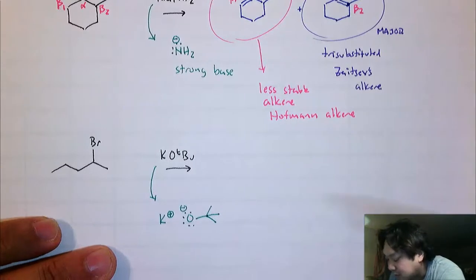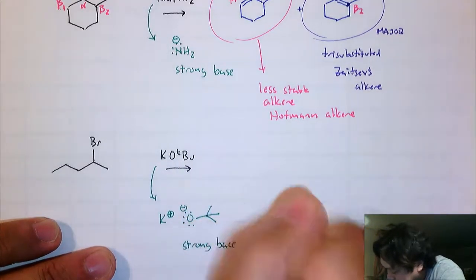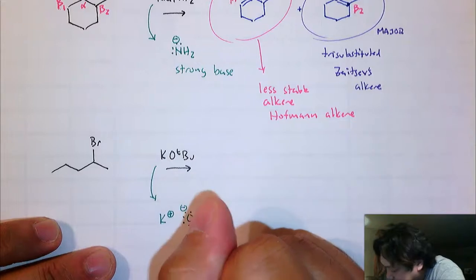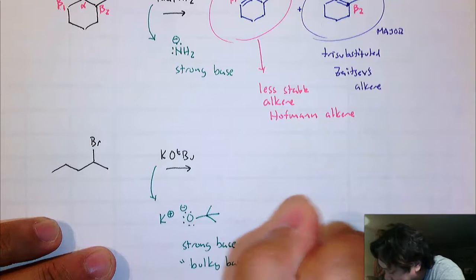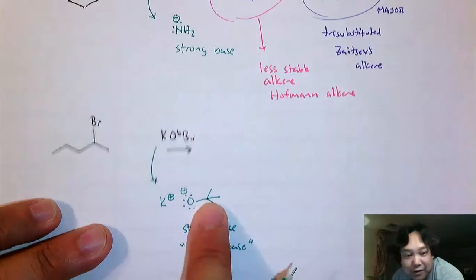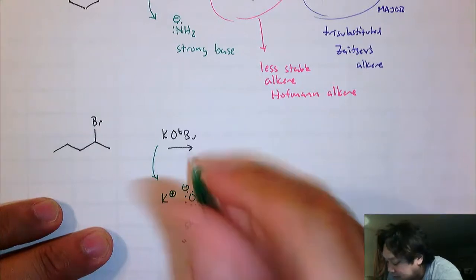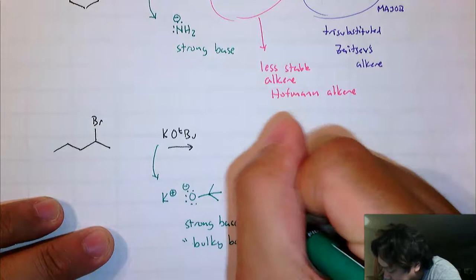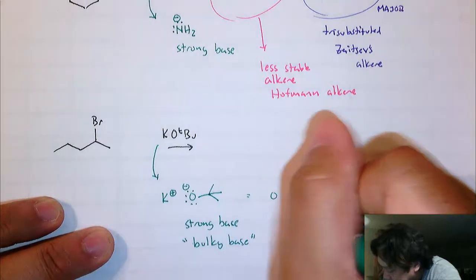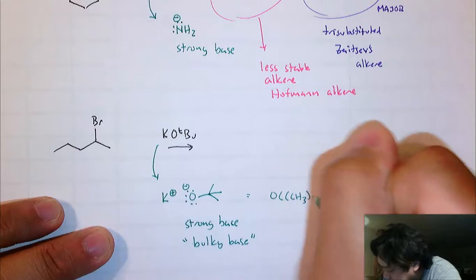I told you that oxides are strong bases. But it's also a bulky base. Crowded. The thing about a crowded base like potassium tert-butoxide, or another way you could see this is you have a C and you have 3 methyl groups around it.